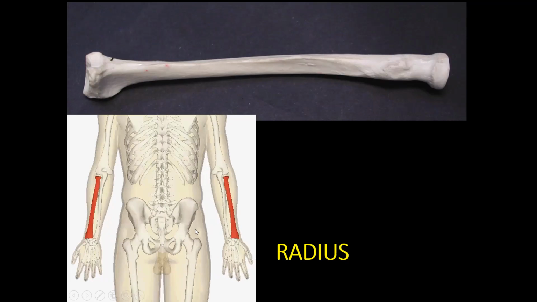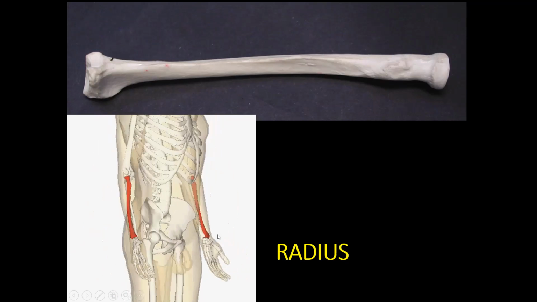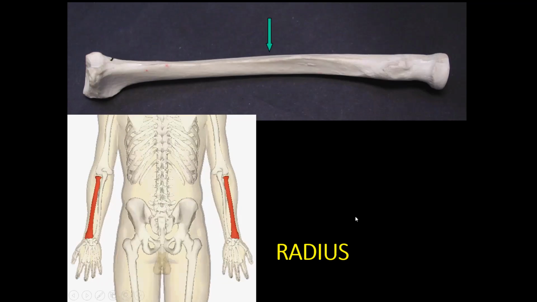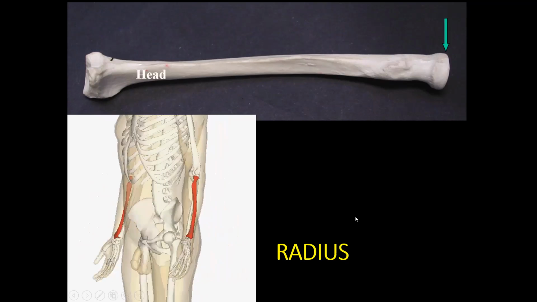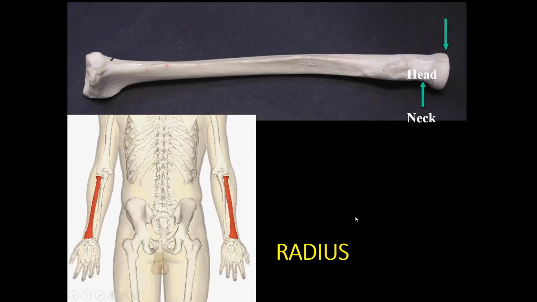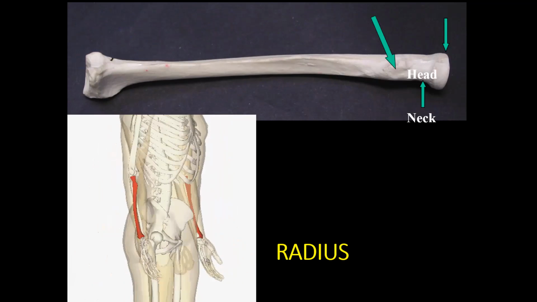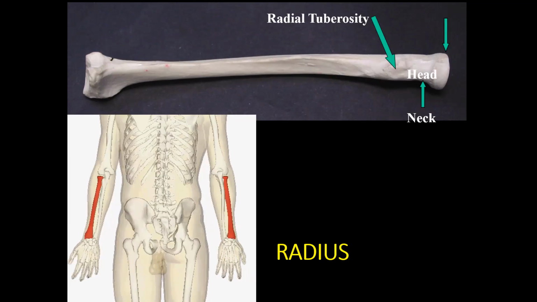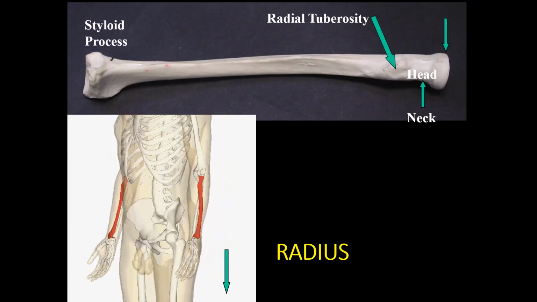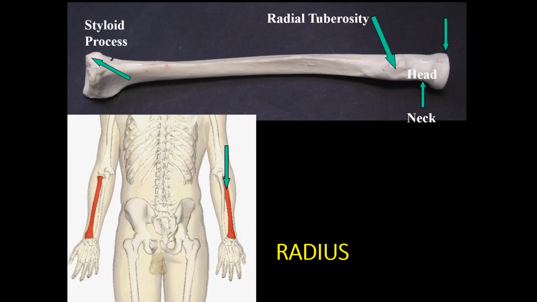But when you look at this movement around here, you can sort of see the styloid process. Let's go to another picture. There's our head, right there. The neck is this narrow area between the head and the radial tuberosity, which is right there. And the styloid process is down there.